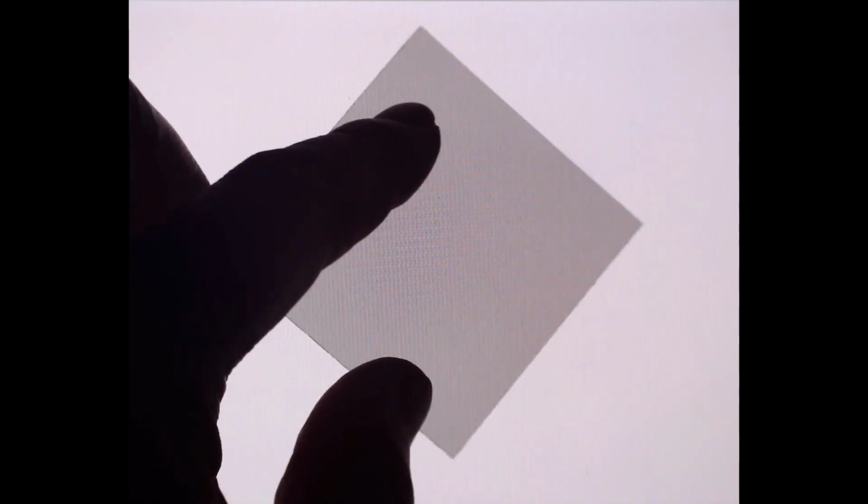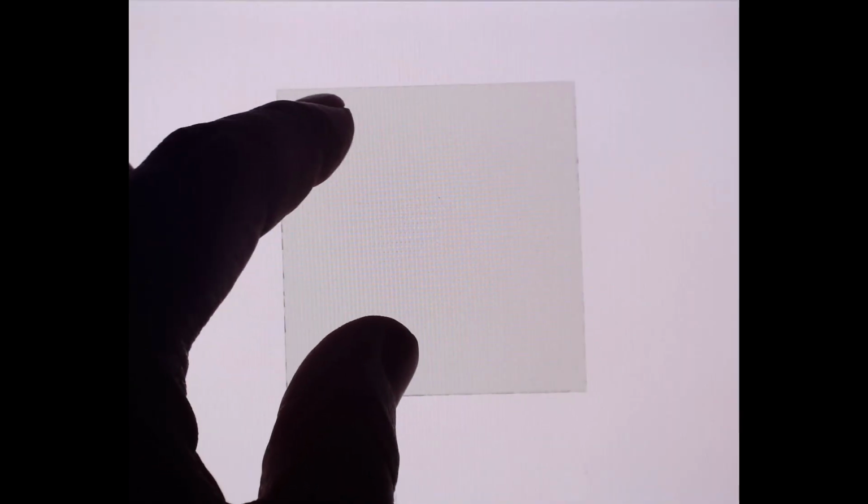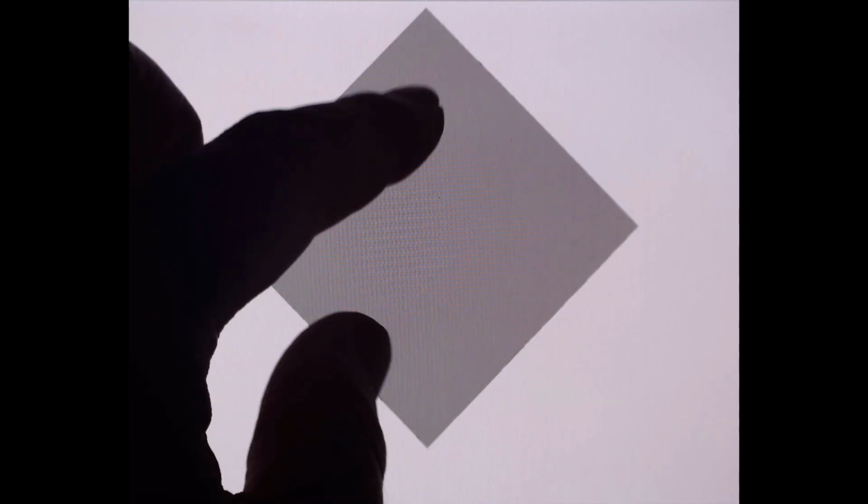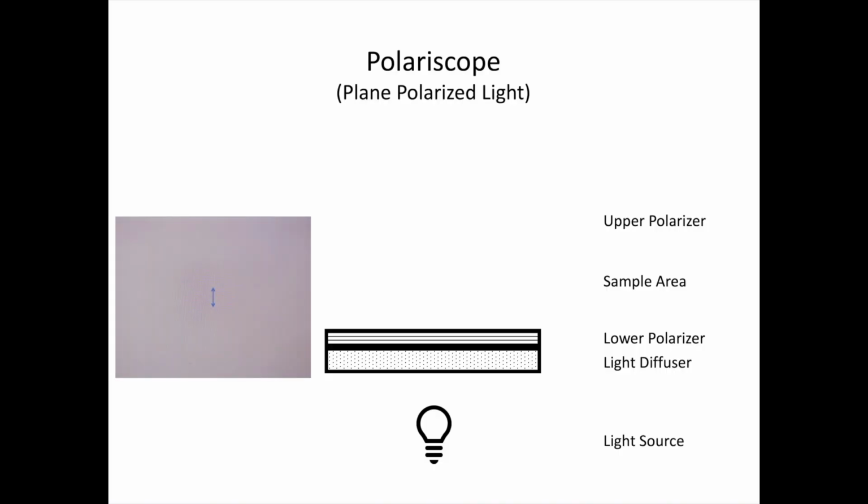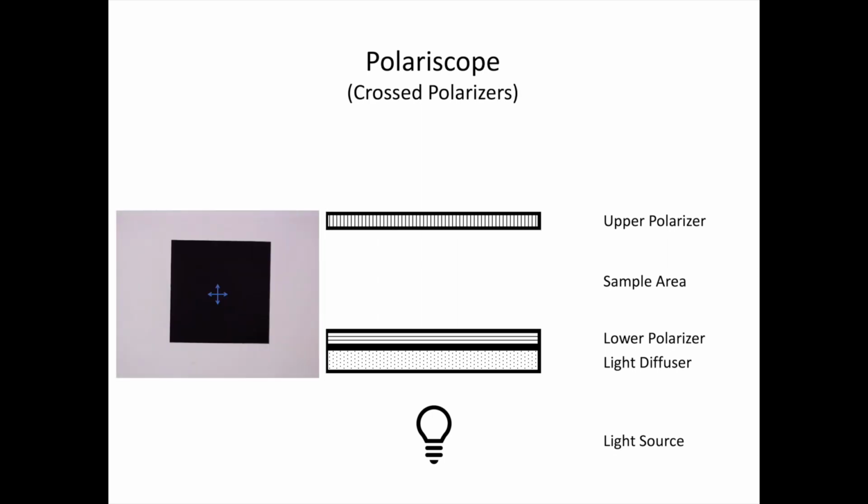So that you can tell I'm not up to any chicanery, we'll rotate the upper polarizer a bit, and you can see that light is allowed to pass at different orientations when the vibrational direction of our upper polarizer matches with that of the plane polarized light we are generating from our LCD screen. But our upper polarizer is most useful to us when we have it in this configuration where we have crossed polarizers and no light being transmitted. So more schematically, our two important viewing configurations are going to be viewing our minerals in plane polarized light and then also viewing our minerals with crossed polarizers.